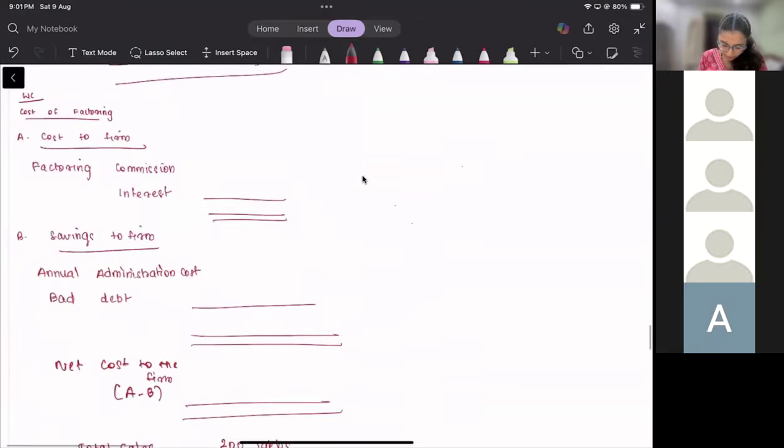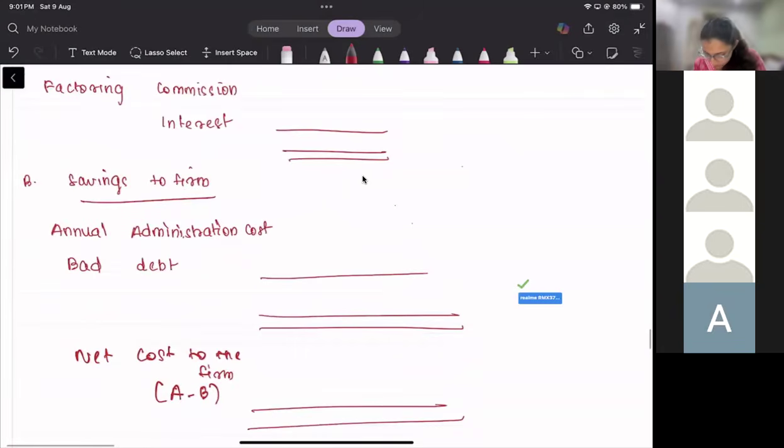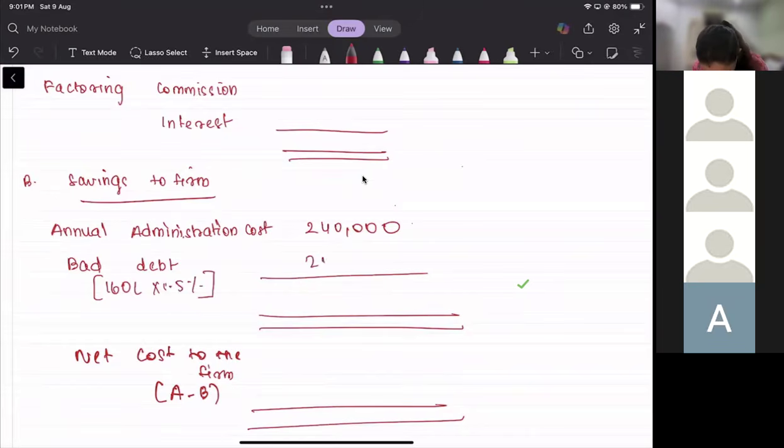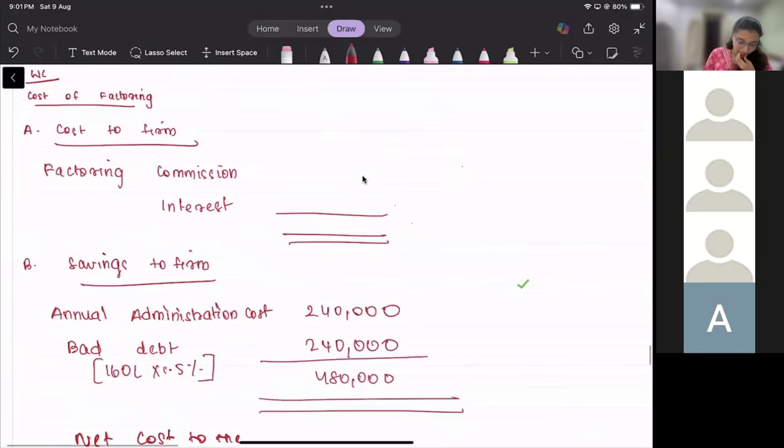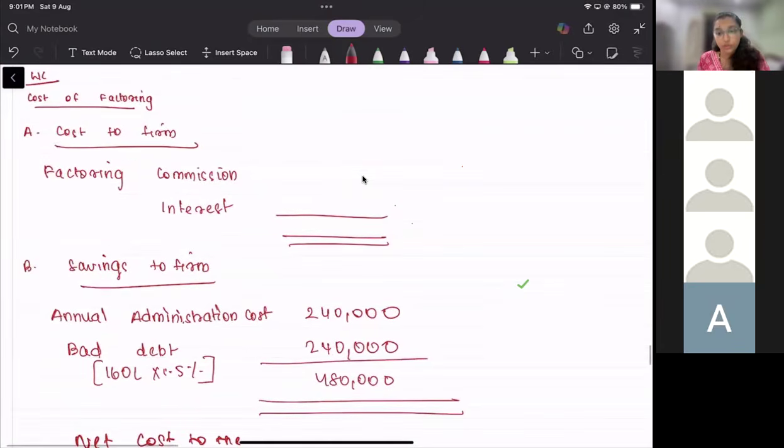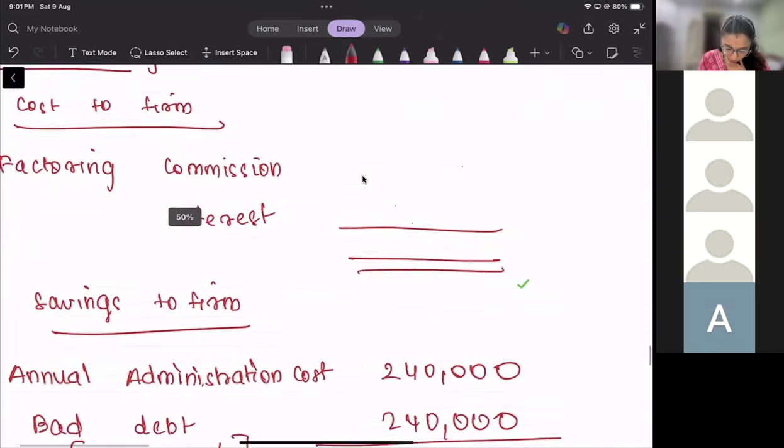Now it's simple, right? Annual administration cost is directly given in the question. Bad debt you can find out as 1.5%. And here we are finding the annual cost to the firm. We have found out the commission.